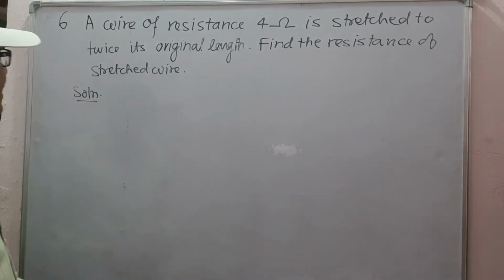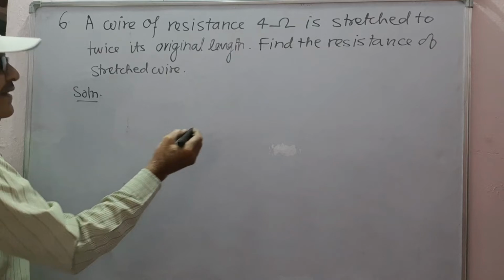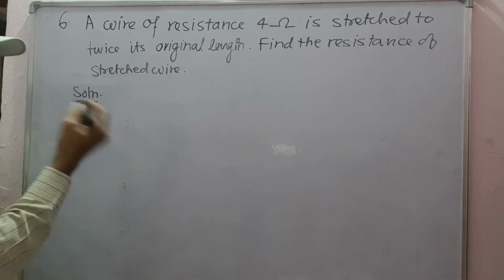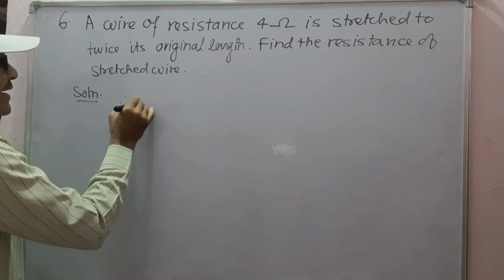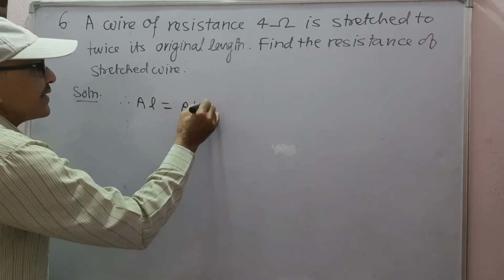Next question. A wire of resistance 4 ohm is stretched to twice its original length. Find the resistance of the stretched wire. Solution. As the volume of wire before and after stretching remains constant, therefore A into L will be equal to A dash into L dash.